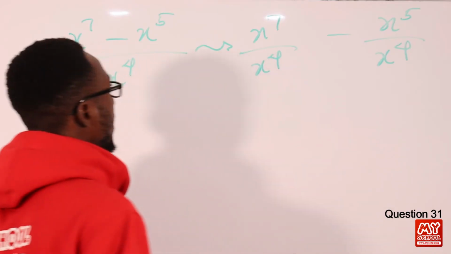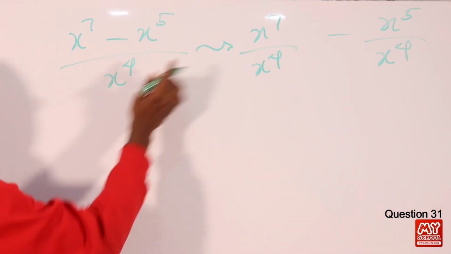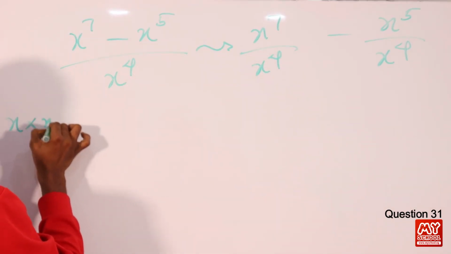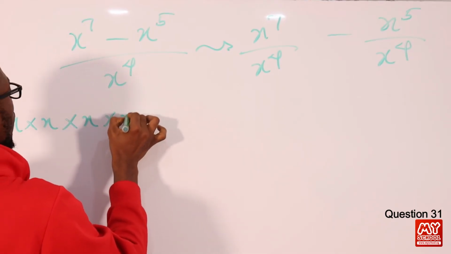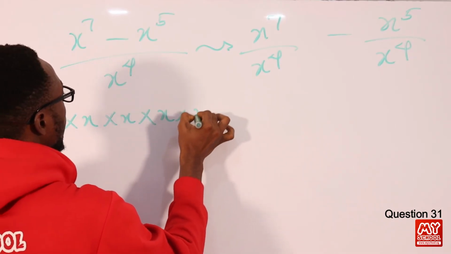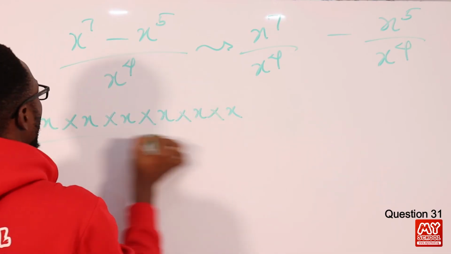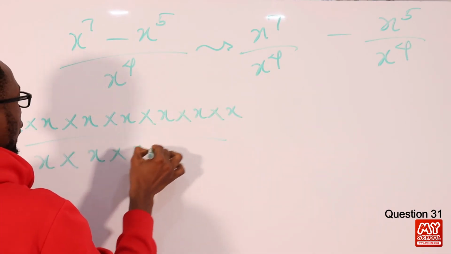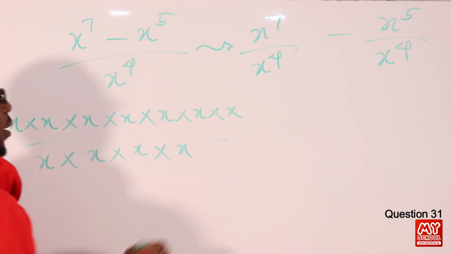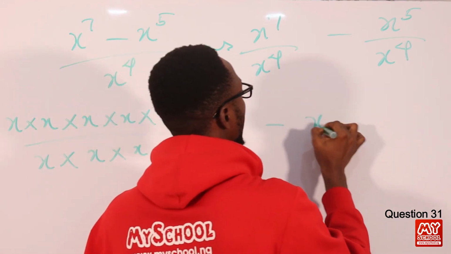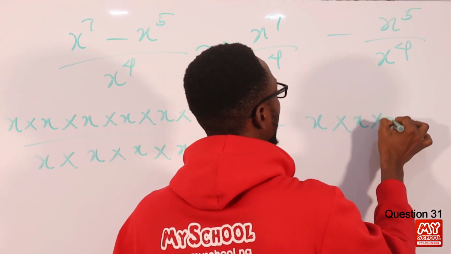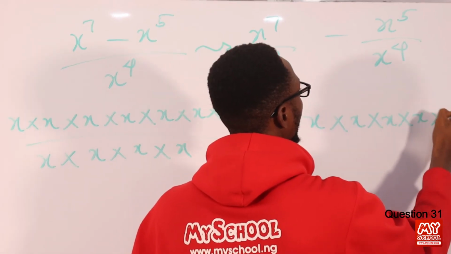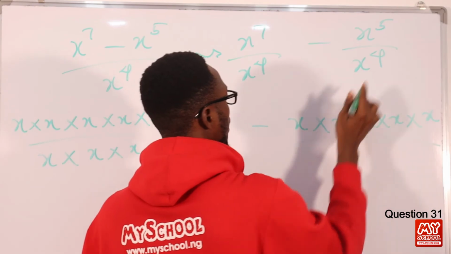Okay, let me just use the basic method to solve this. So this is actually x times x, minus, then this.